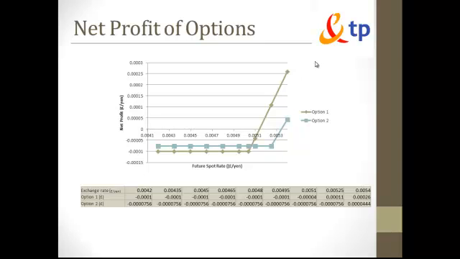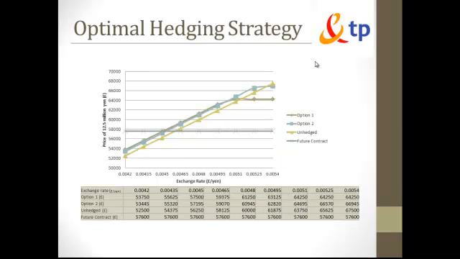And with the second option, it's the same story. Even though the net loss is big, the option only starts to be in the money later. So depending on exactly how volatile the exchange rate is will depend on which option you would like to get. We'll now look at all 4 scenarios on the next slide.